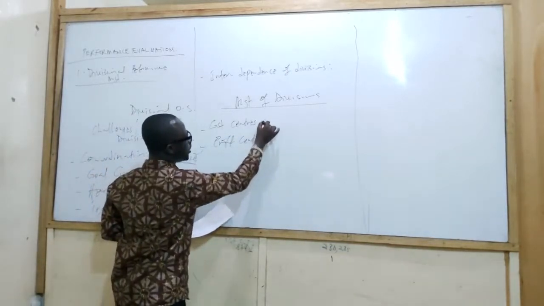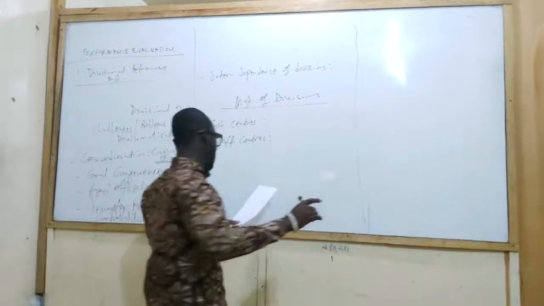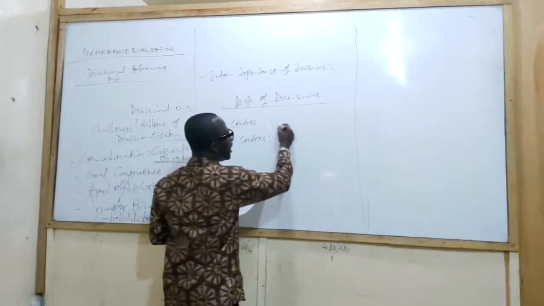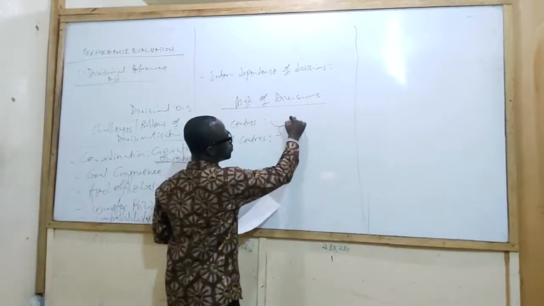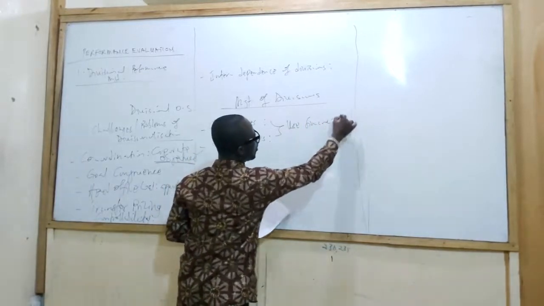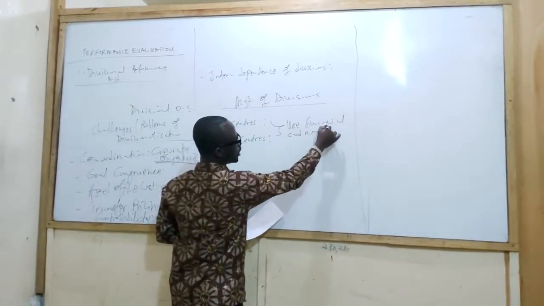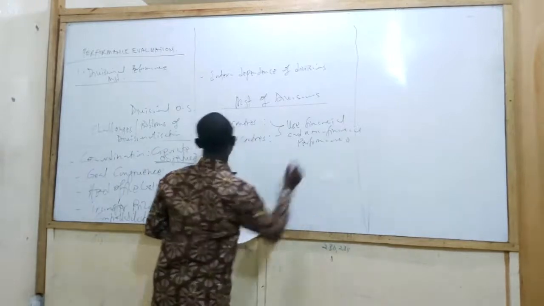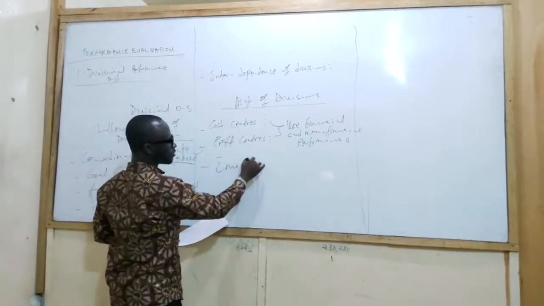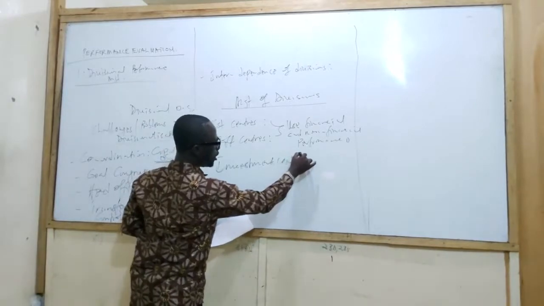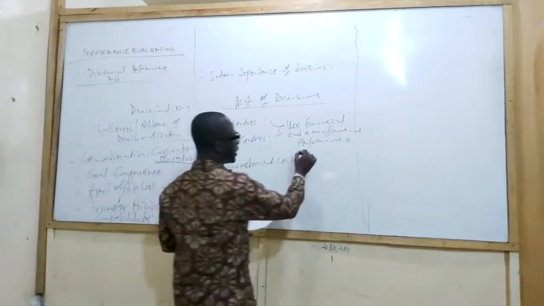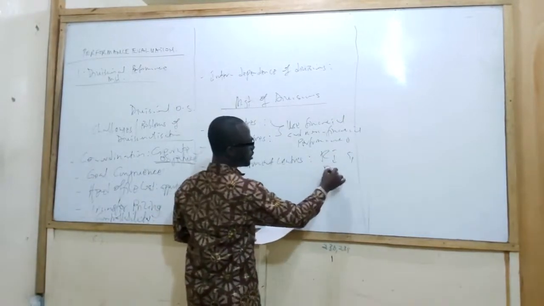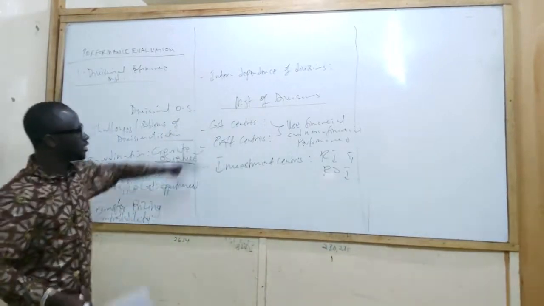I believe you won't ask me the meaning of these because you know them already, and I'm coming to ask you very soon. Now, for cost centers and profit centers, the way we manage them is that we use both financial and non-financial performance measures, and I'll come to this in a moment. However, for investment centers, the way we manage and enhance their performance is to use the residual income as well as the return on investment.